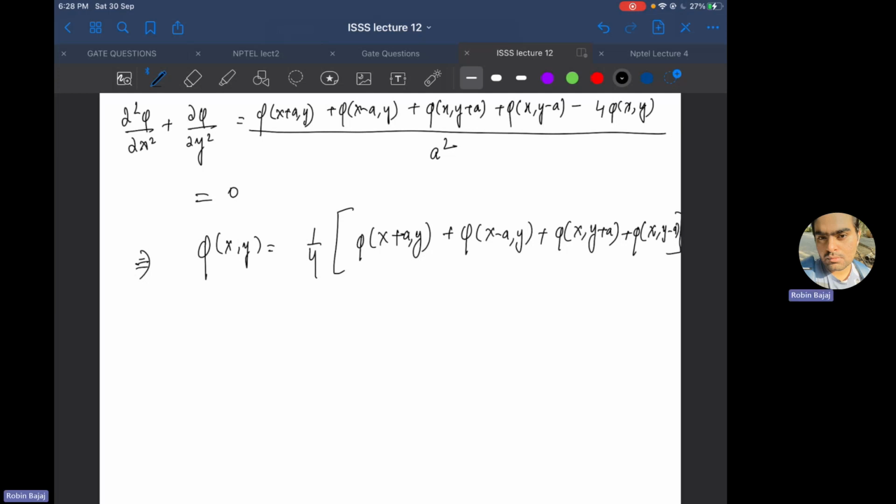For any x, y, you would have to take the average of the 4 points around it. So it's like this. You have x, y, you have x plus a, y, x minus a, y, x, y plus a, x, y minus a. Now if you look at the form of the equation, this is 4, this is minus 4, sorry. This is 1, this is 1, plus 1, plus 1, plus 1.